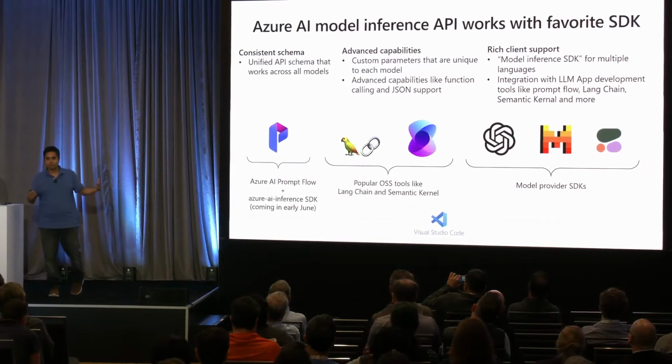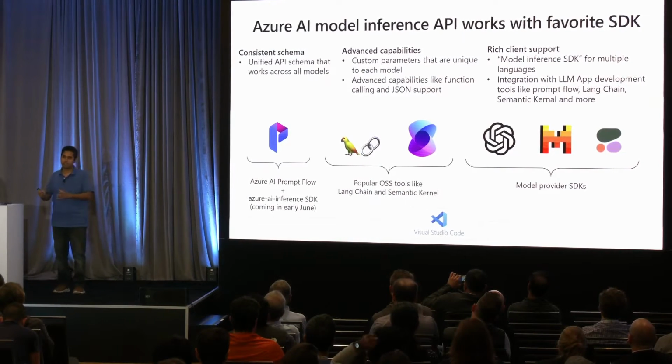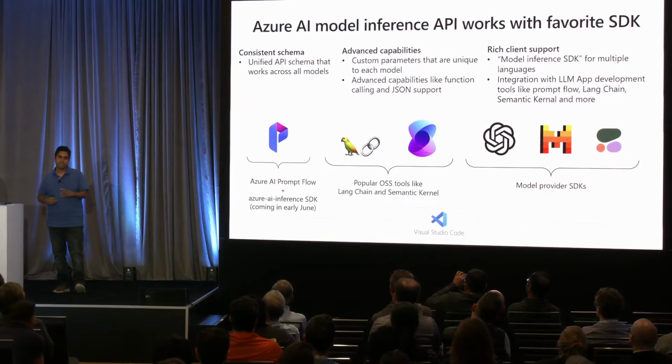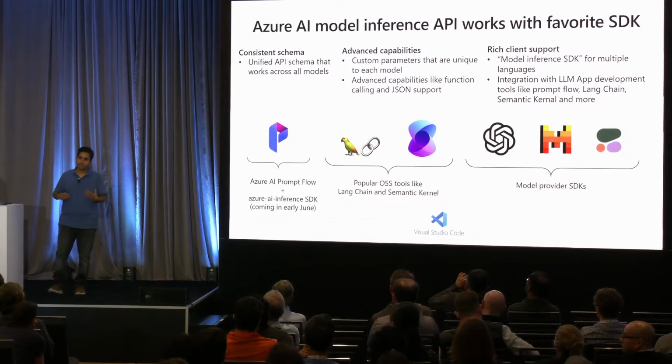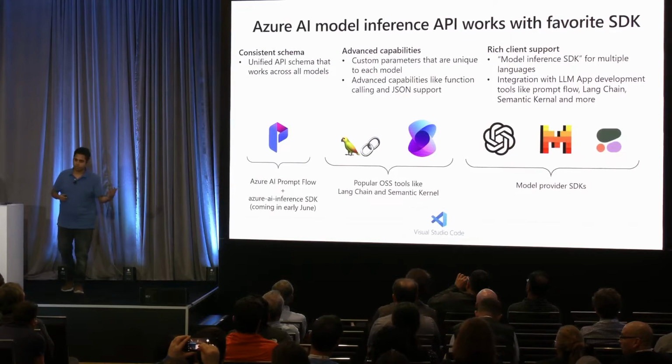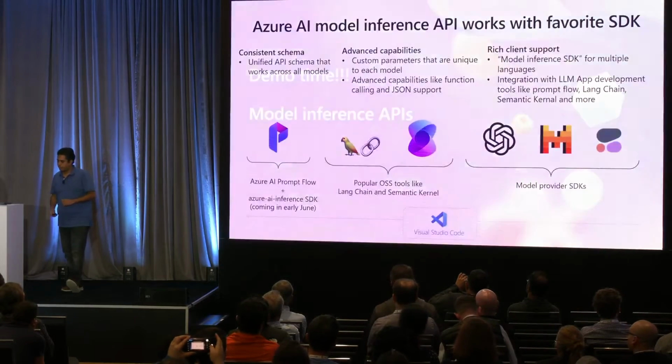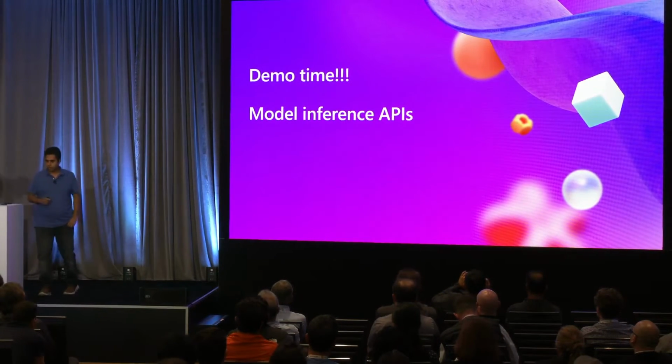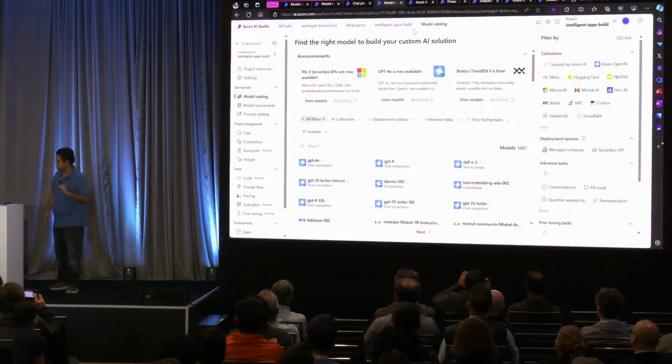And when we work with model providers, we also make sure their own SDKs and CLIs are compatible with these APIs. So you have a really wide choice of client tools and platforms that you can embrace when you work with models from the model catalog. So let's take a look at how to deploy these models, and let's take a close look at this API.